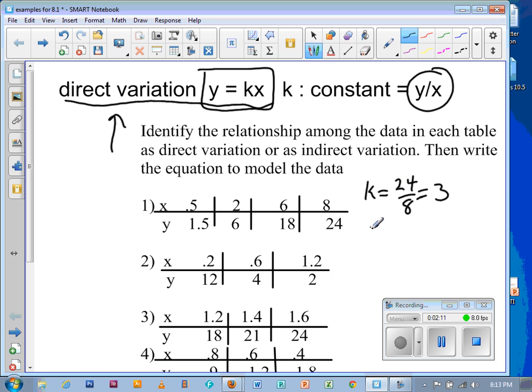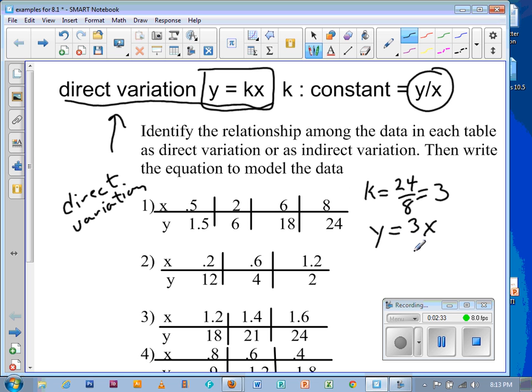The equation of this graph is going to look like this: y equals 3x. So number one has direct variation, and you would label it as direct variation because the y values divided by the x values will always give you a constant number.